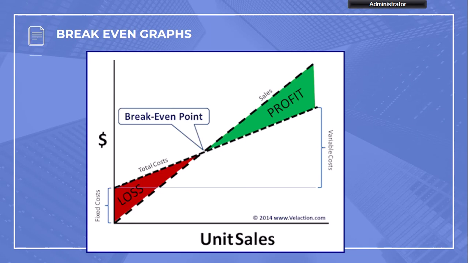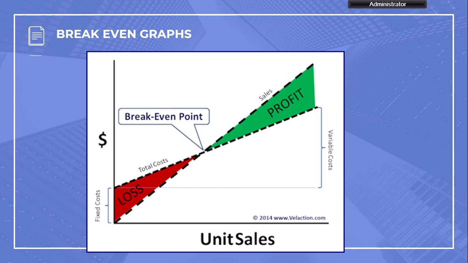There is something called a break-even graph, which sometimes in the exam you need to be able to label correctly, and you need to have a rough understanding of how these work. All you're basically doing on this graph is showing your costs and your money that's coming in, like how many you're selling and how much profit and loss you could possibly make. Now, the break-even point is where the two lines intersect with each other, so where they cross over.